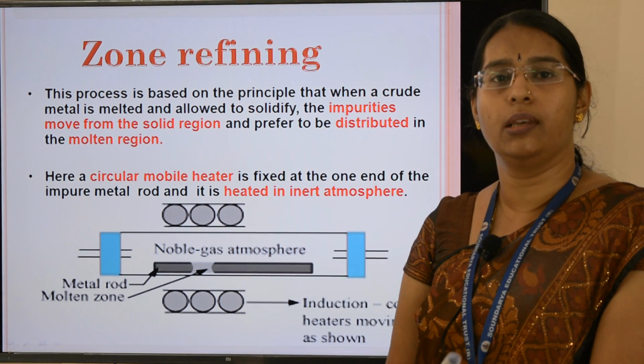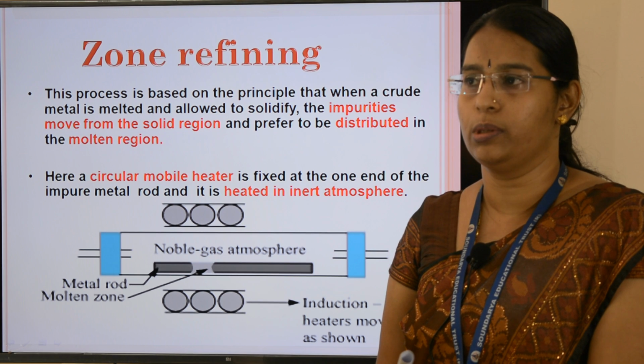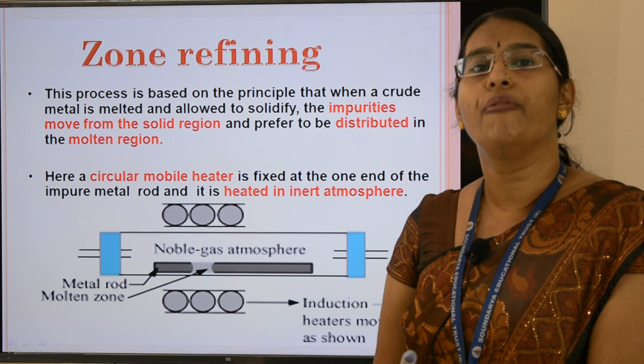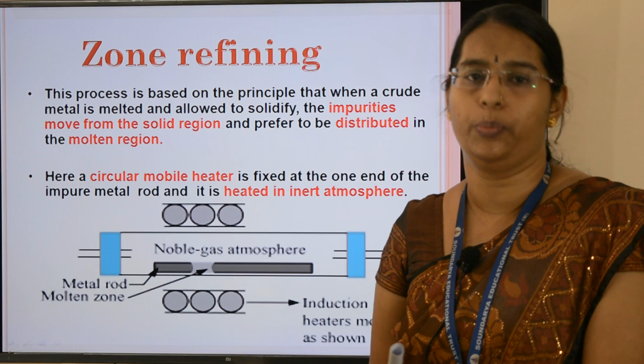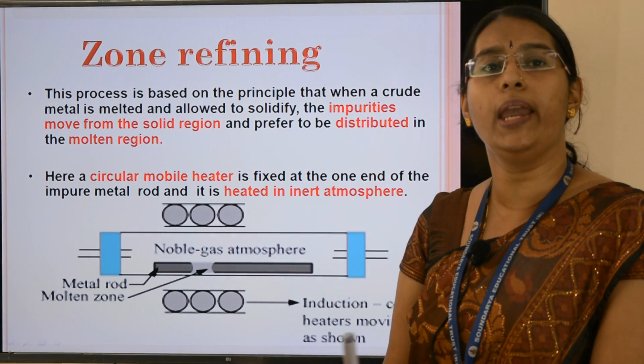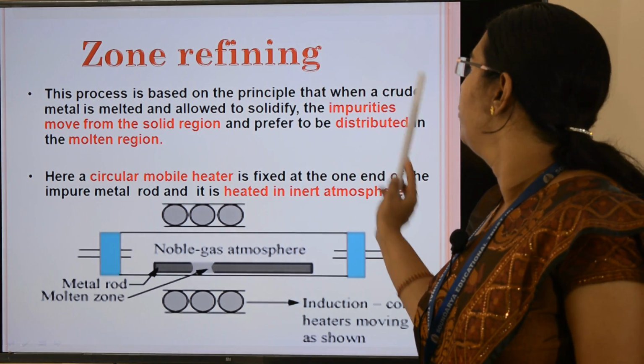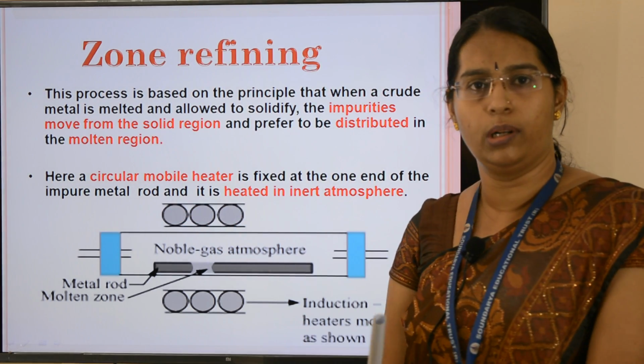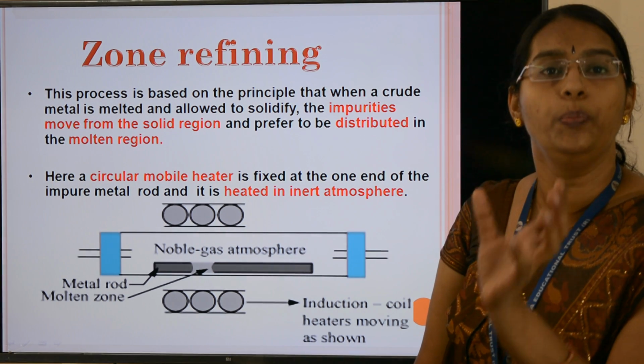Fourth process is the zone refining process, or it is also called the fractional crystallization process. In zone refining, the main principle is that when a crude metal is melted, what is crude metal? It is nothing but the impure metal.